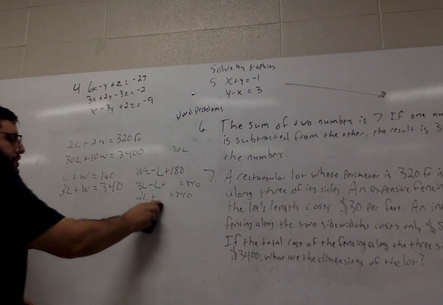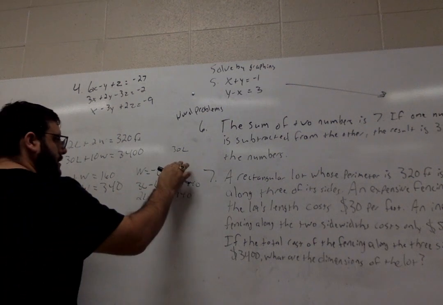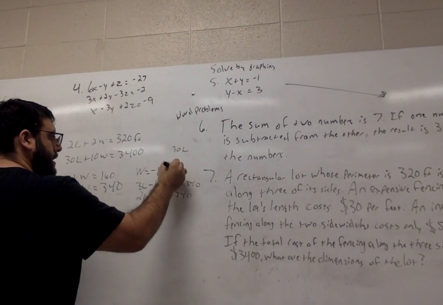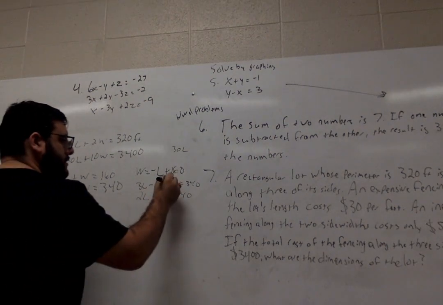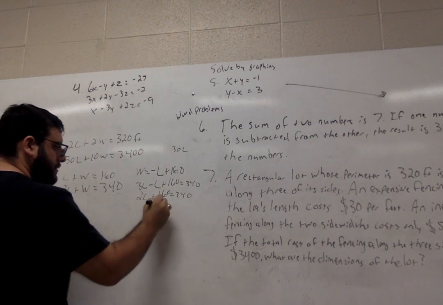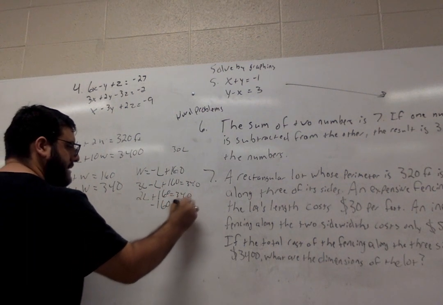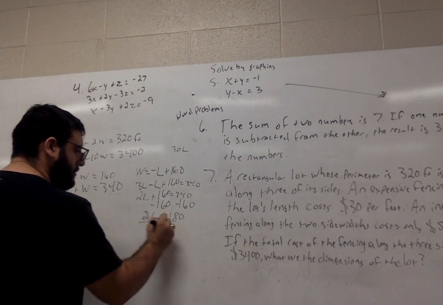So make sure you guys are checking your work by substituting your answers back in here, see if it works. 160 here, because 320 divided by 2 is 160, not 180. So all right, now again, start over. Subtract 160 on both sides. 2L equals 180. Divide both sides by 2.